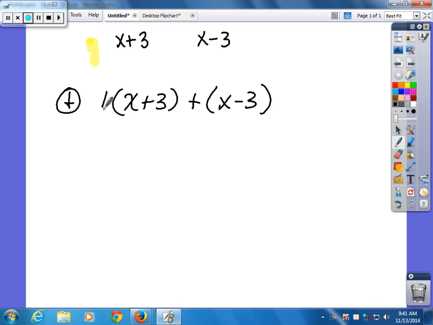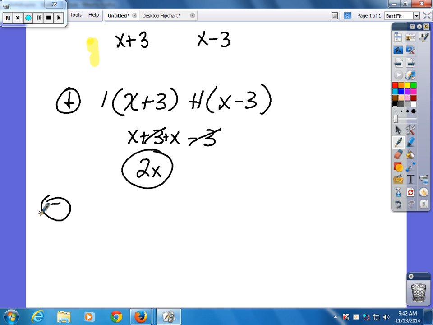Nothing changes. So x plus 3, x minus 3. And what's x plus x? And what's 3 minus 3? So your answer is 2x.